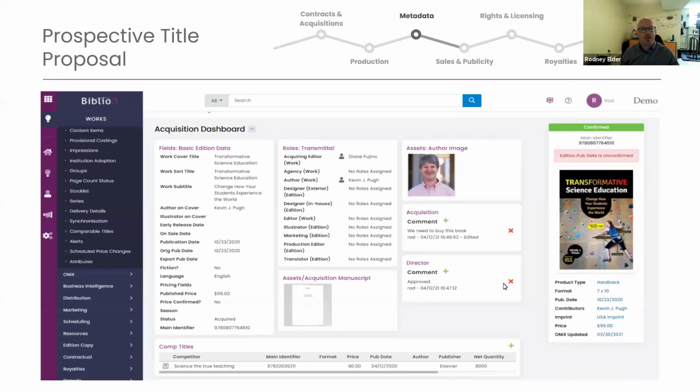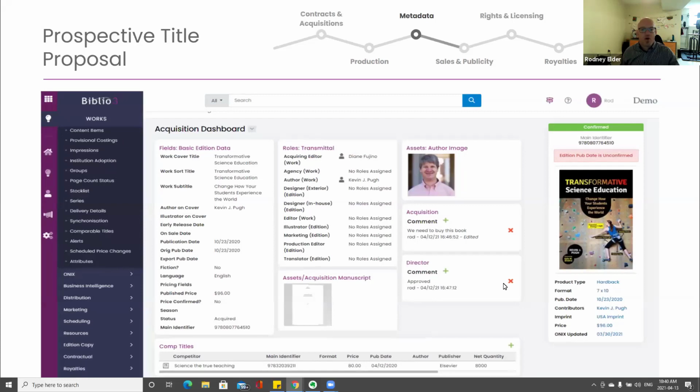Looking at this one, this is a dashboard. What most publishers do is build a proposal in Word that is shared around. It covers what the book is about, its target audience, who the author is, a biography of the author. They'll have comments, they'll manage that process, and say who's going to work on it.